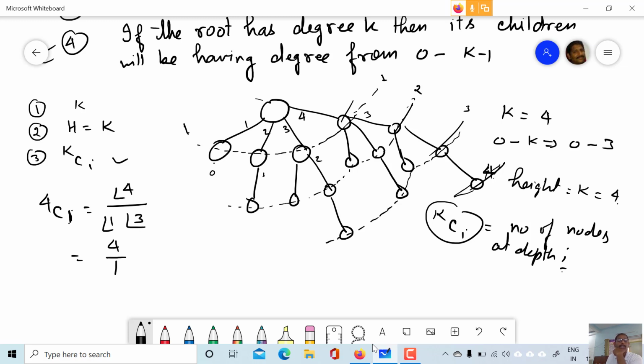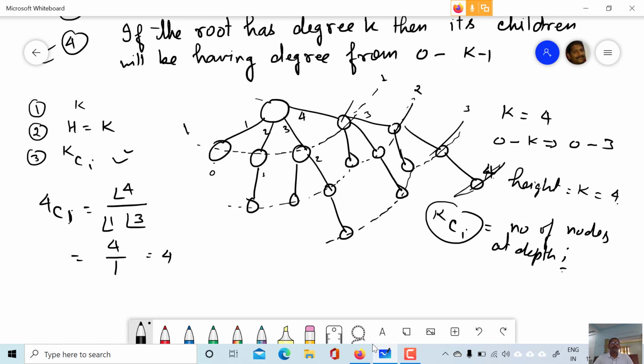Clear? Because the factorial 3 and this factorial 3 will be cancelled out, we get only 4. And so the number of nodes at depth 1 is 4. If you verify this, 1, 2, 3, 4. So 4 nodes are there at depth number 1. So for depth 1, this rule is verified.